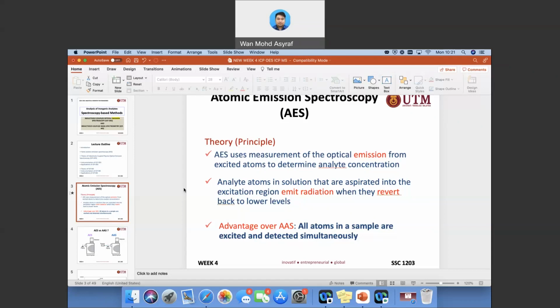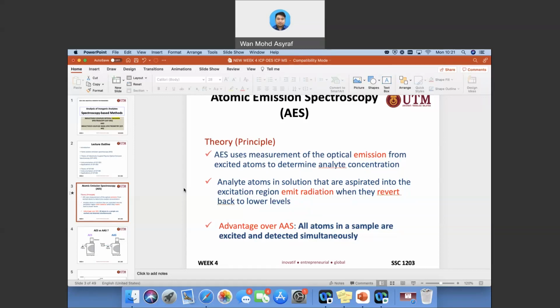The advantage of atomic emission over atomic absorption is that all of the atoms would be excited simultaneously, hence it will be detected simultaneously by the detector.